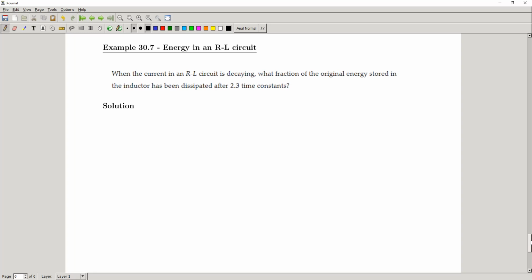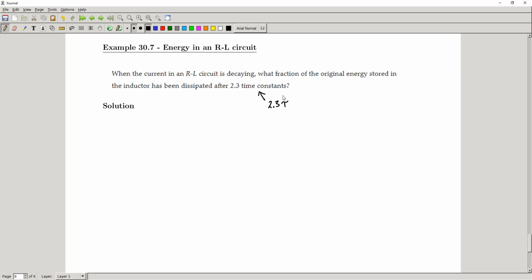So when we say 2.3 time constants, what this means is at a time 2.3 tau, how much energy is left in the inductor, or how much of it has been lost. Basically it's just two ways of saying the same thing. So how do we get at this?